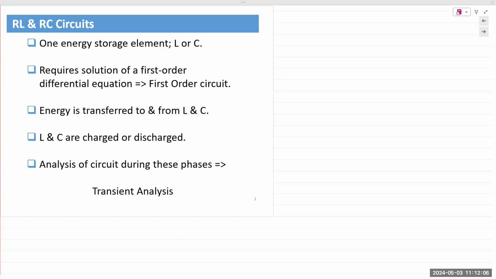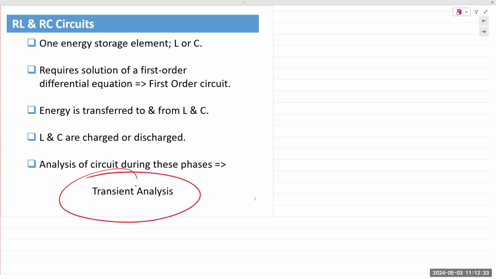It is transient in nature, because after a certain point in time, the capacitor or the inductor will receive all of the energy that it can store, and the voltage or current will reach a steady state. It will reach a point where it is no longer changing with respect to time. And hence it is also known as transient response or transient analysis.